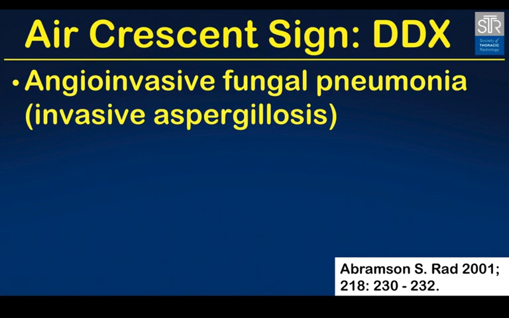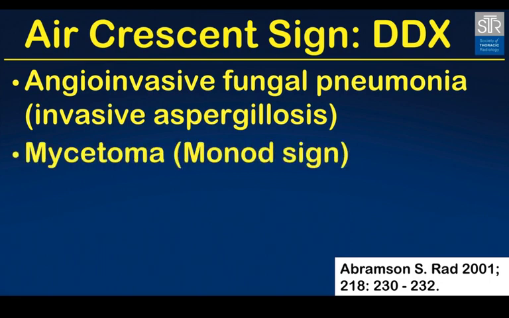Now, the differential diagnosis for an air crescent sign again includes angioinvasive fungal pneumonias, principally invasive aspergillosis or mucormycosis, and again in the setting of neutropenic fever is highly suggestive of that diagnosis. It can be seen in patients who have mycetomas that develop in pre-existing cavities.